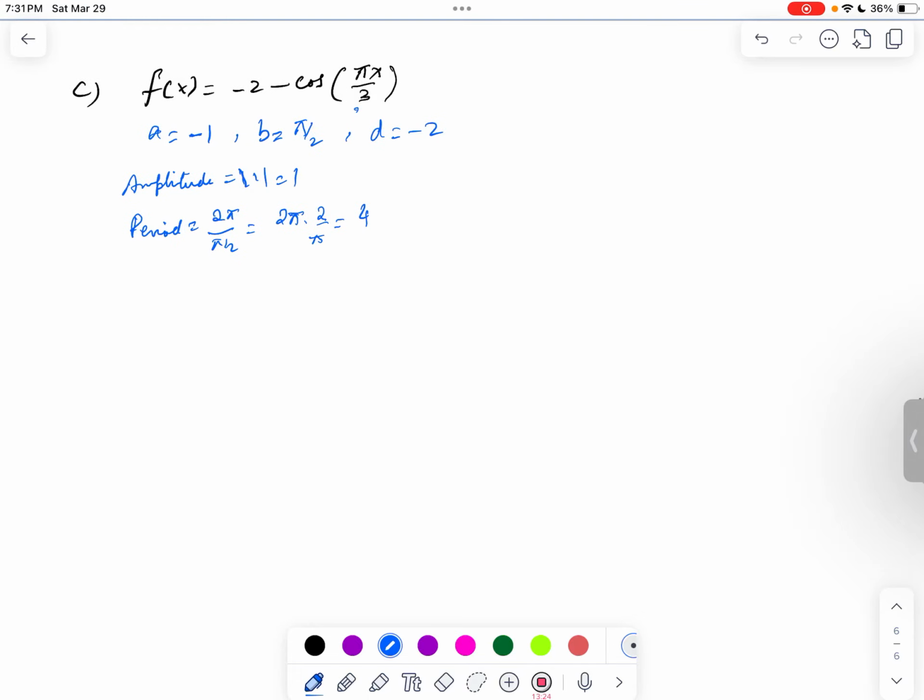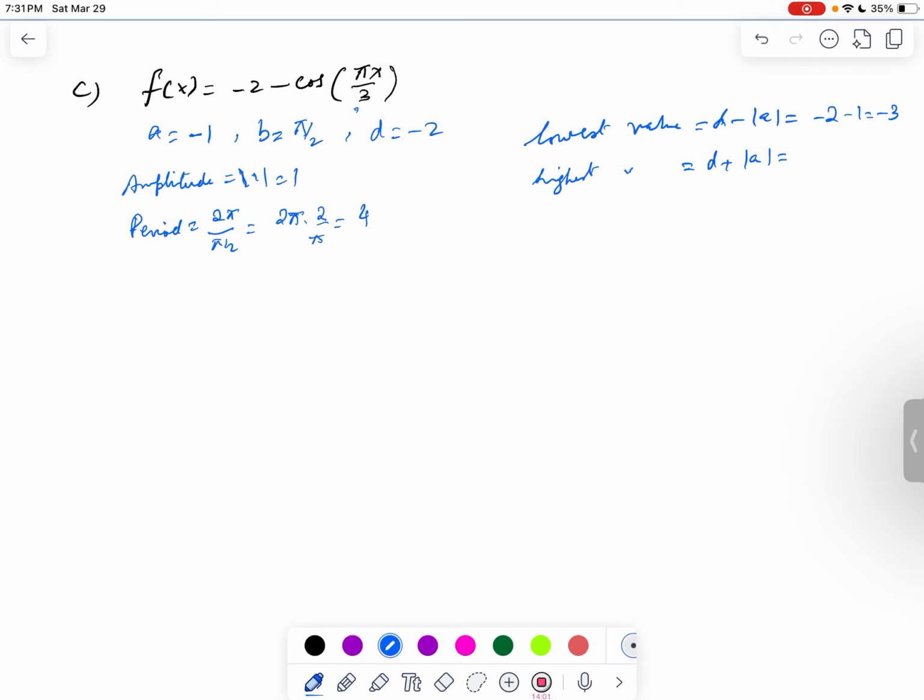Well, before that, the lowest value, we will go to d minus the absolute value of a, which means d is negative 2 minus 1, so negative 3. And the highest, d plus the absolute value of a. So a was negative 1, right?